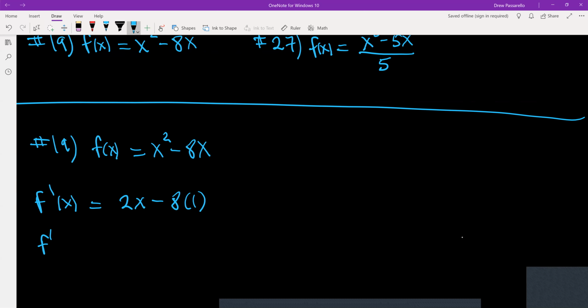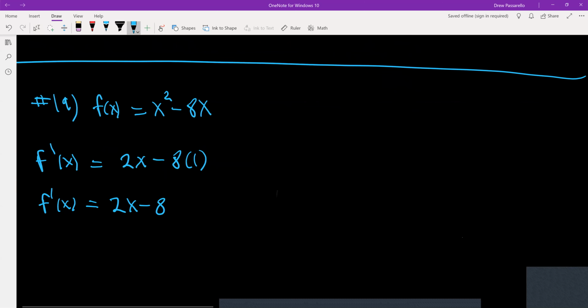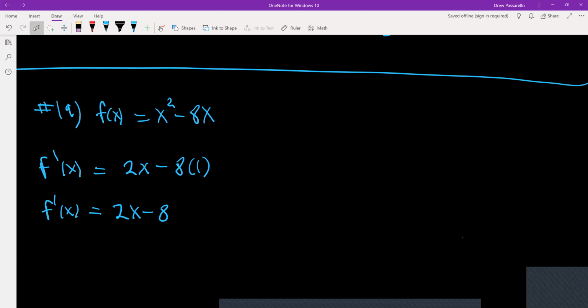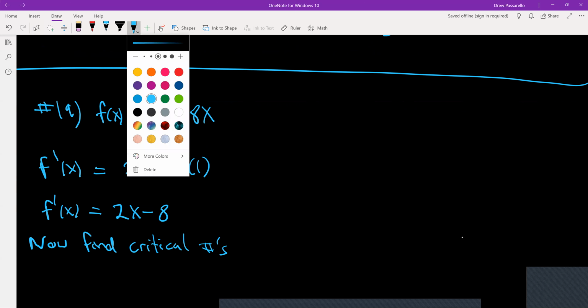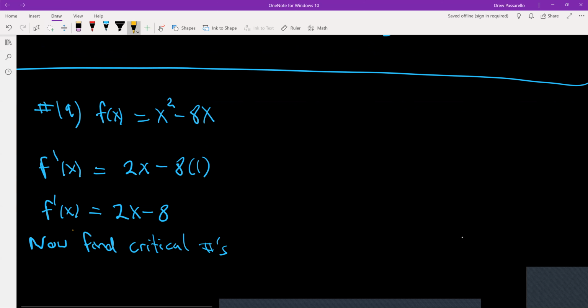So its derivative is 2x minus 8. All right, now I'm going to determine critical numbers. And I'll circle this derivative because I'll have to use this later when I'm determining increasing, decreasing intervals.